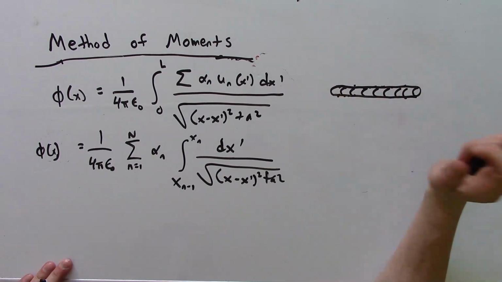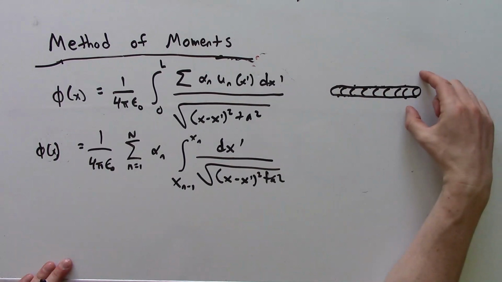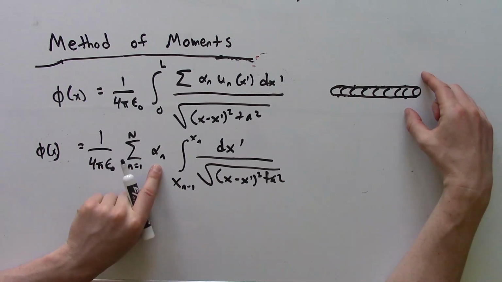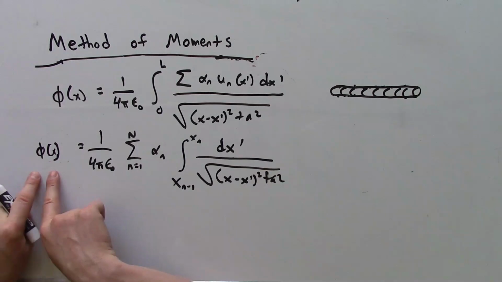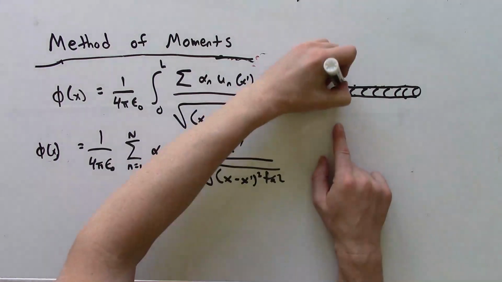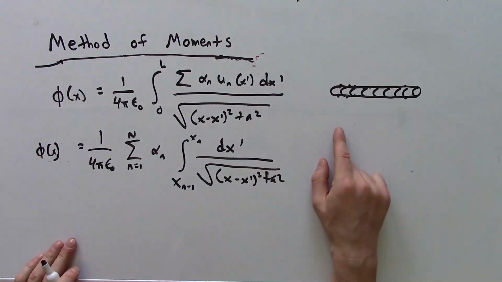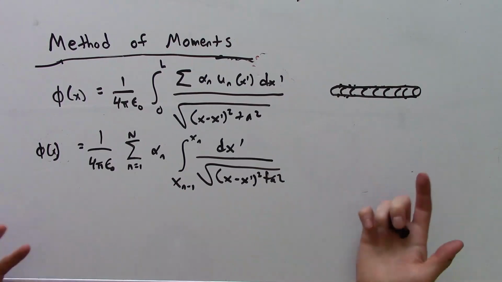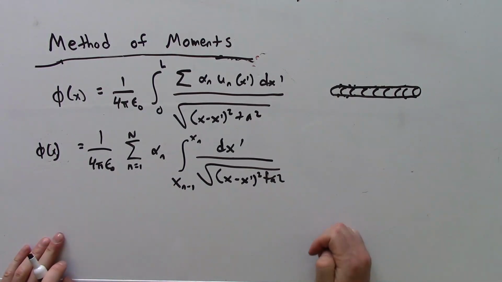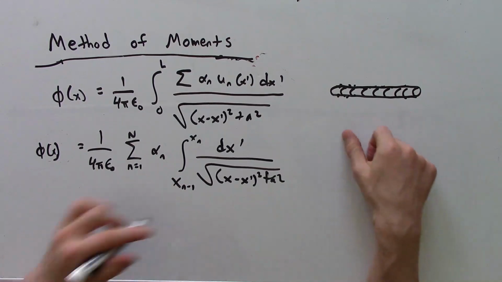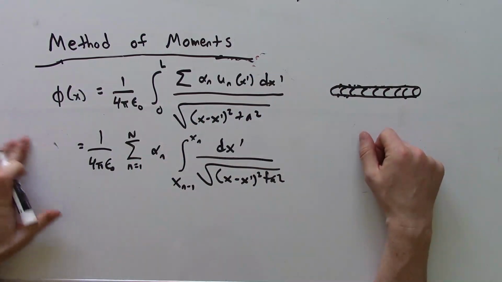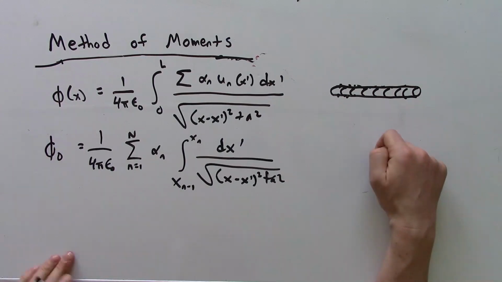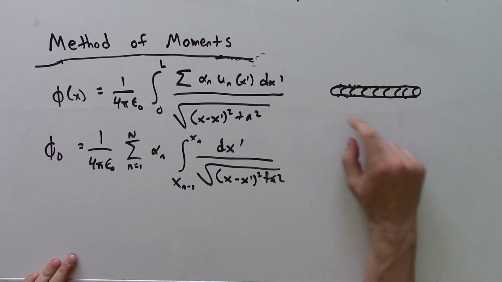So you notice the same idea applies. I just have Coulomb's law adding up all the little contributions. I don't necessarily know what their magnitudes are, but if I did, then in principle, I could carry out this summation and calculate my phi at some point, somewhere, some distance a away from the x-axis. So how is that helpful? Well, we know in particular that this value here is equal to a constant phi naught, like so, okay?